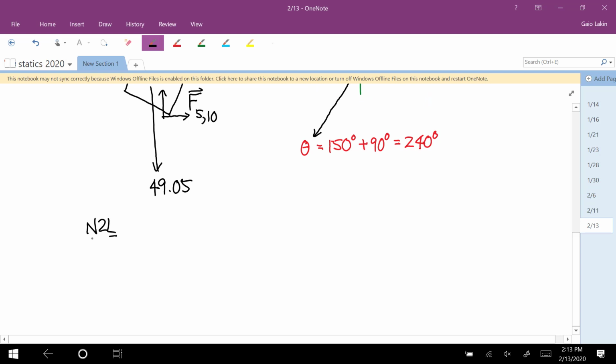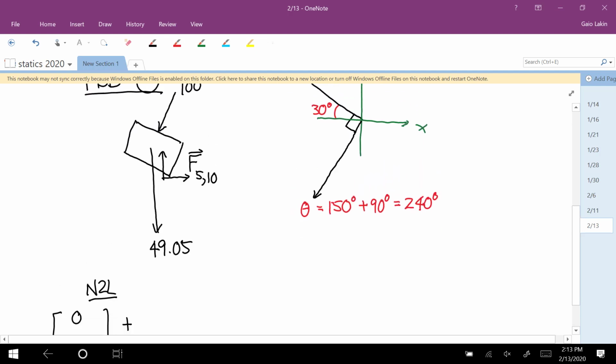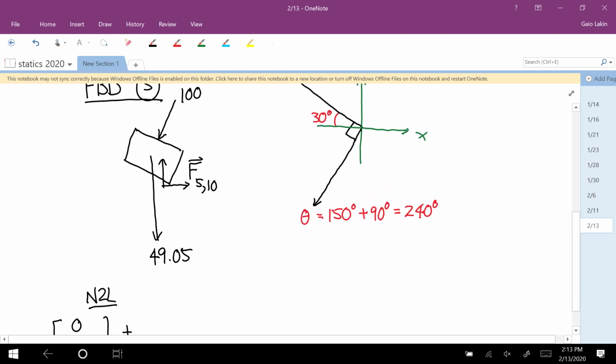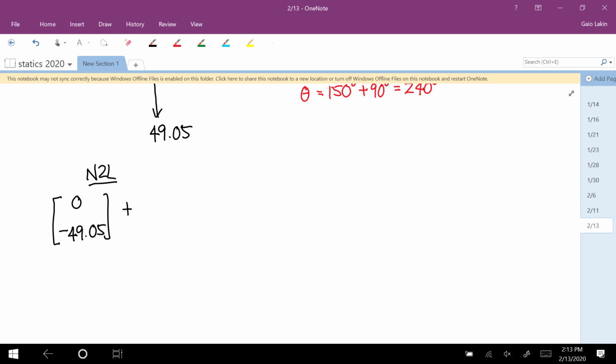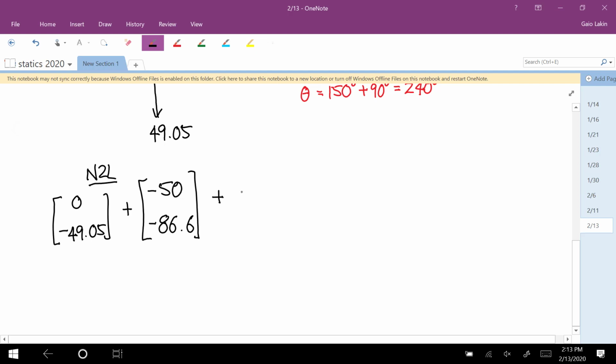Newton's second law: we have the weight force, 0, negative 49.05. We have the 100 times cosine and sine of 240, which is negative 50, negative 86.6. And then we have the force on the 5 by the 10, x and y components.